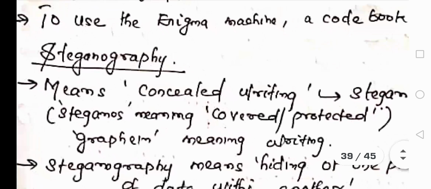Okay, so rotor machine as well as steganography are concepts which help you ensure the security of your data. Rotor machine actually was a hardware device which works based on software concepts to ensure the security of your data. Now we are going to study steganography. Steganography is not a hardware concept.